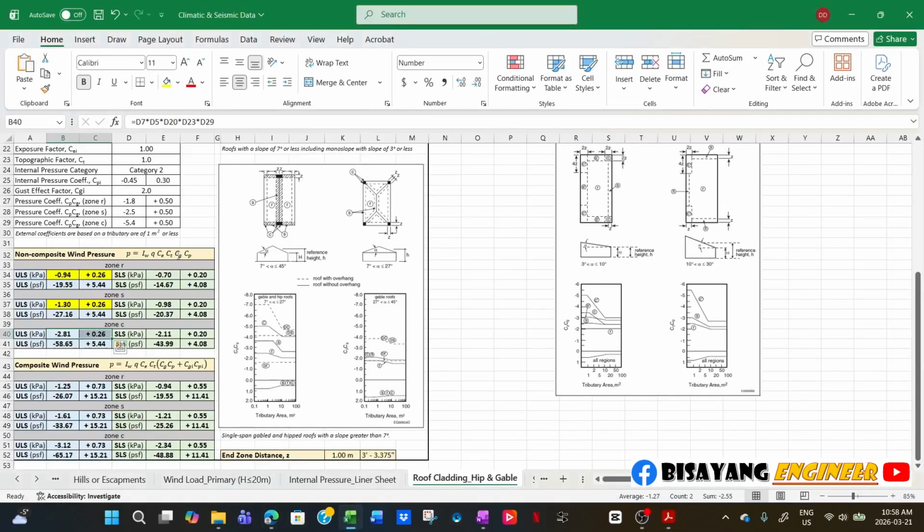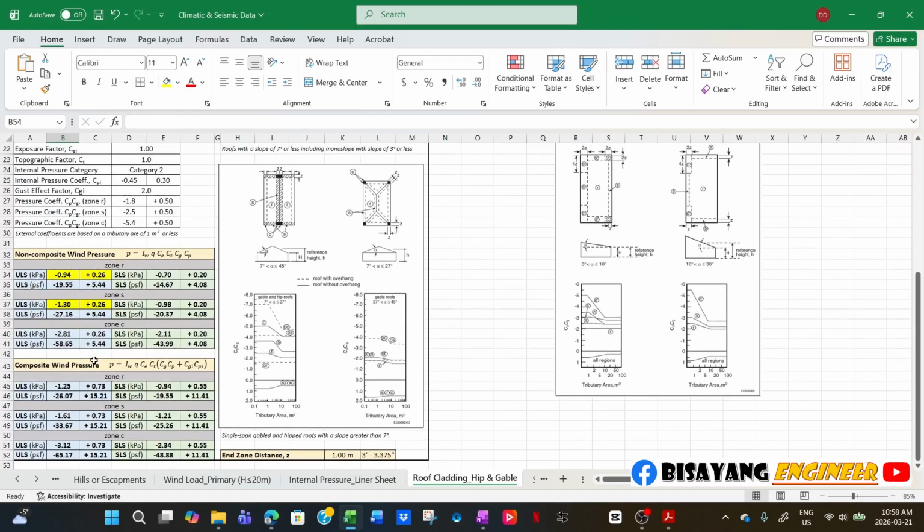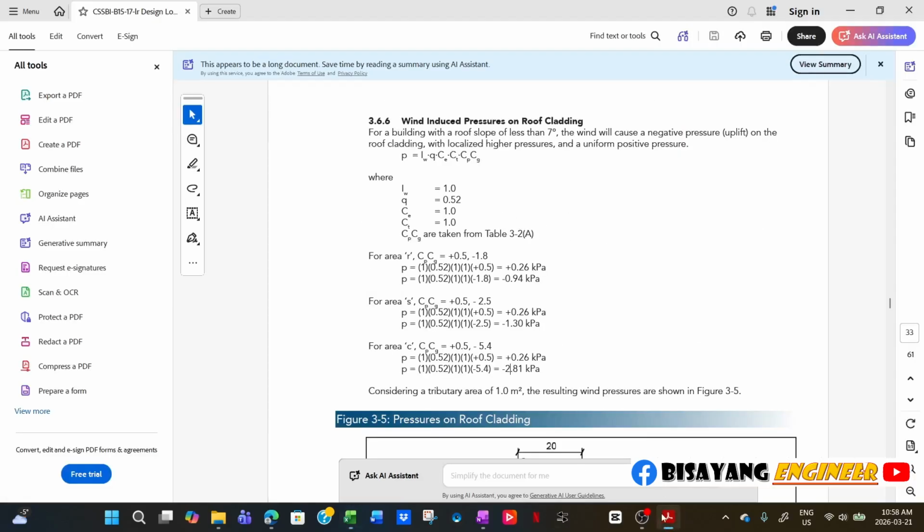That one. Now, if you notice, I have here a different table, which says composite wind pressure. This one here is non-composite.